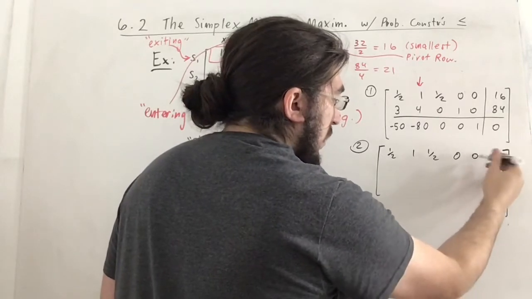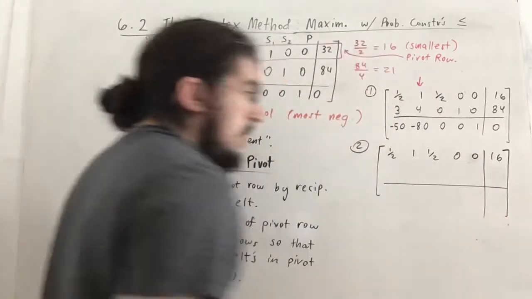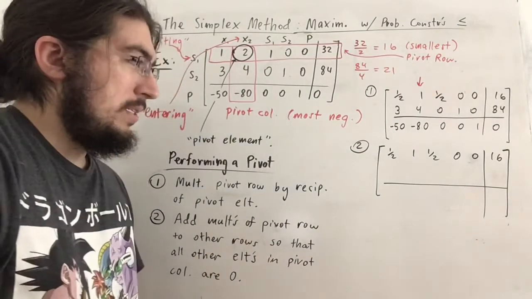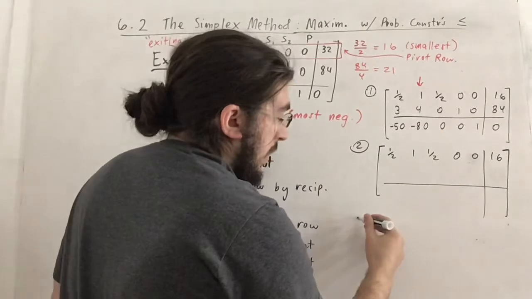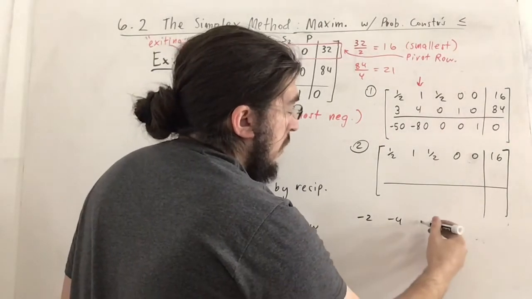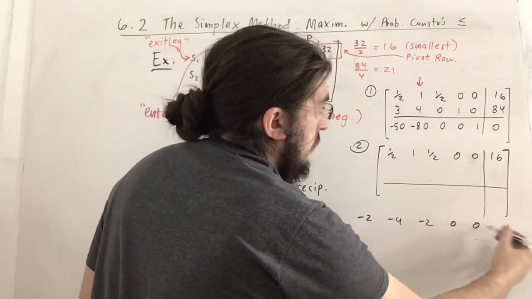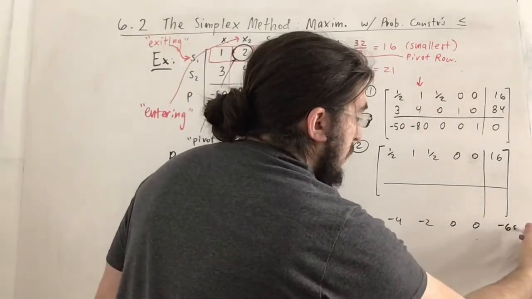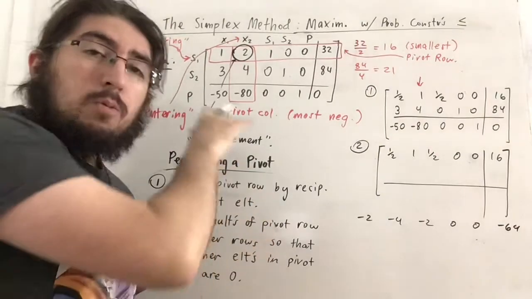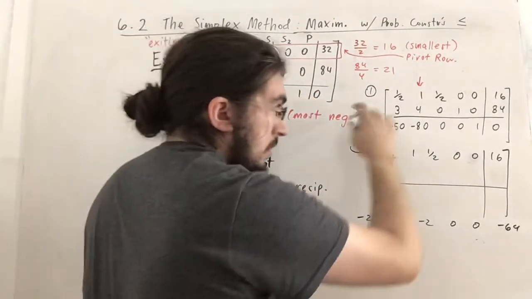Hopefully everyone's following along as well. You probably should for practice, because otherwise it's just going to be a lot to look at. So we're going to multiply the top by negative 4. So we'll get negative 2, negative 4, negative 2, 0, 0, and then 16 times negative 4 is negative 64. Okay, and then we're going to add that to the middle row really.